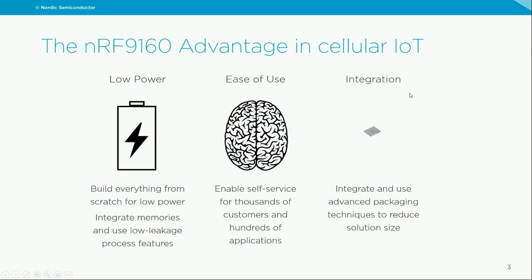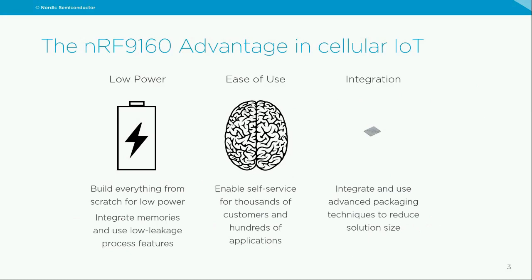When presenting the nRF9160, I always like to begin with this overview. When Nordic decided to build our first Cellular IoT solution, we, from day one, wanted to focus on solving three big challenges that still persist in some way in the Cellular IoT market.